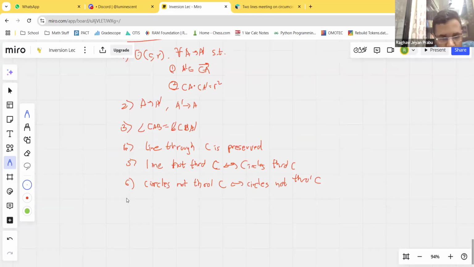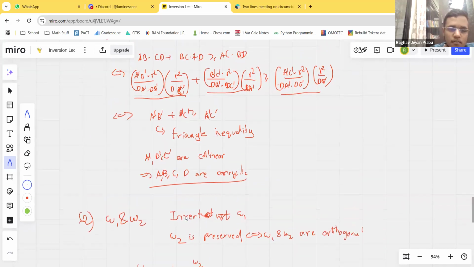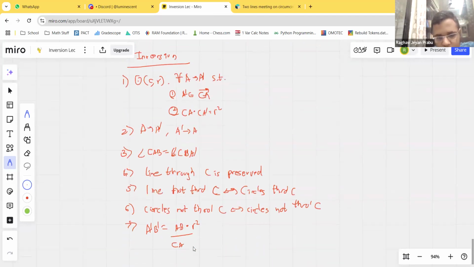And we also had a look at the distance formula in some sense for inversion, which is A dash B dash equals AB times R square by CA times CB.